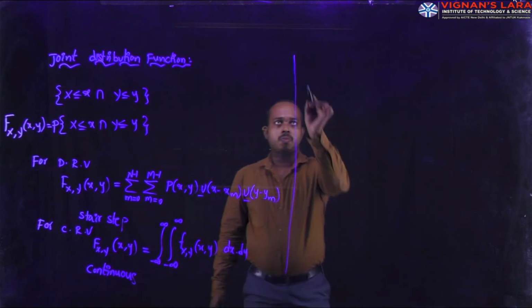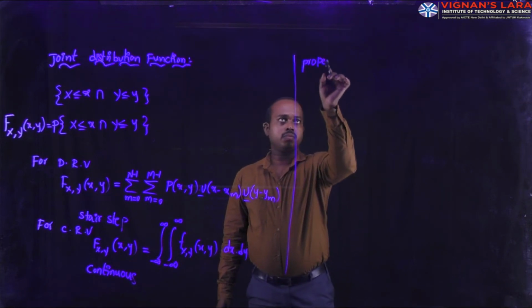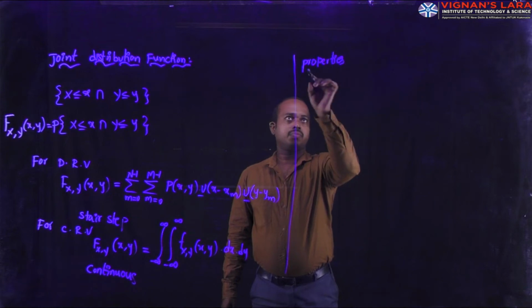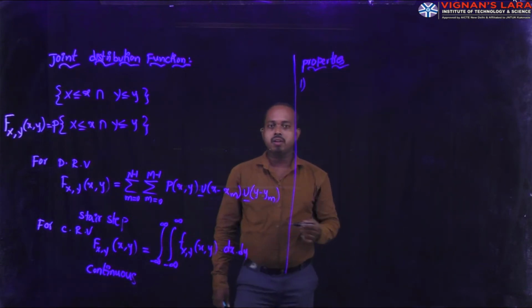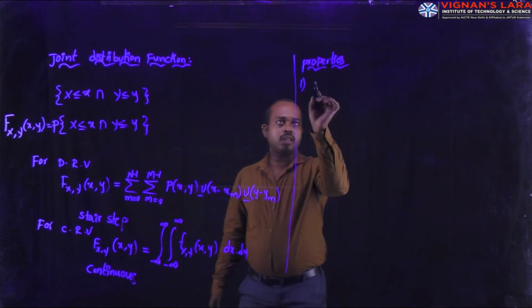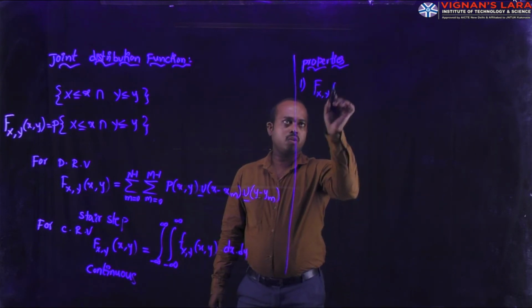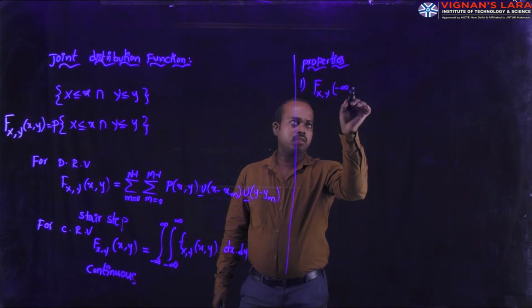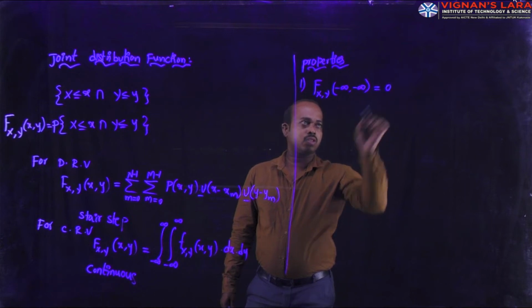The first property is at minus infinity, the value of the distribution function is 0. Here I am taking F_{X,Y}(minus infinity, minus infinity), and the value is 0.